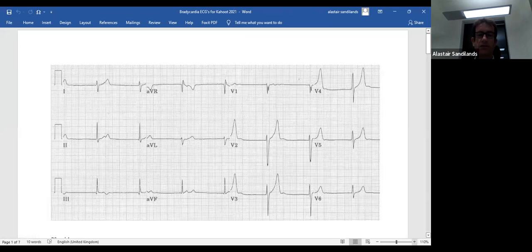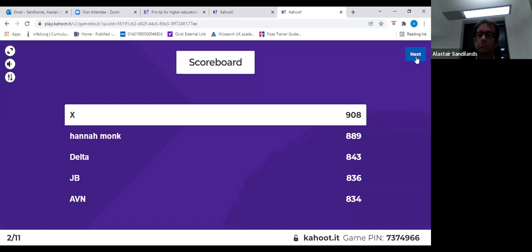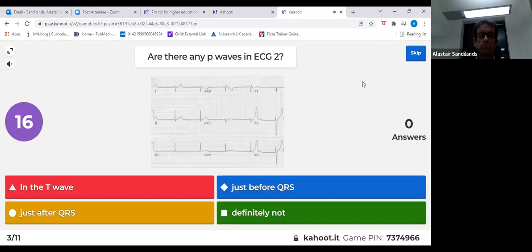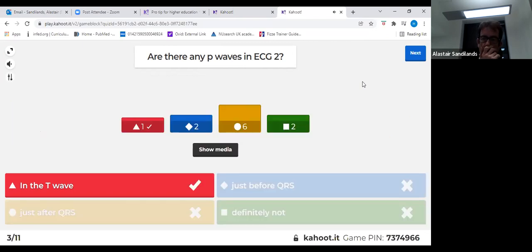I sent it to you, for questions 3 and 4. It's in the T wave. So let's answer the next question, then I'll show you the ECG again.